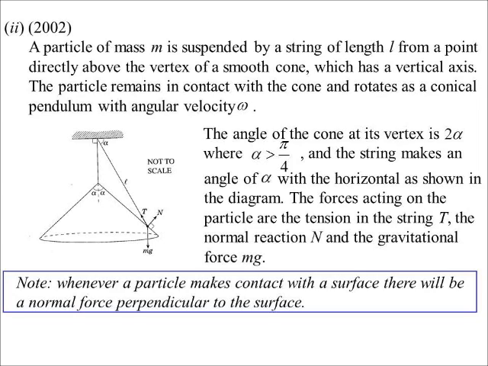So why don't I just collapse due to the force of gravity? Well, there's a force that balances it out going upwards, which is the reaction force, and they balance out, hence I'm able to stand here. So whenever we are in contact with a surface, we have this reaction or this normal force, and of course we have the force due to gravity as well.